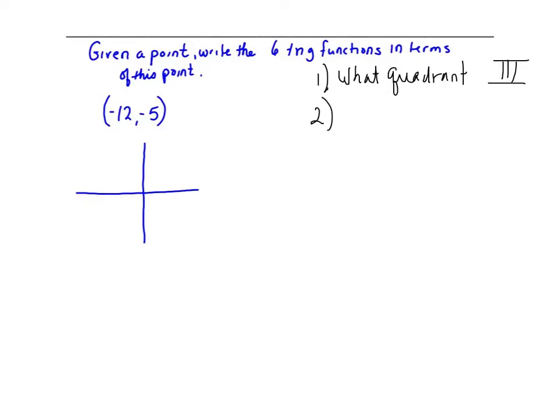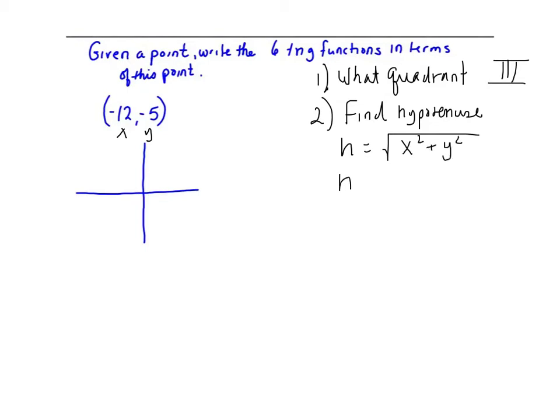Then the second thing we want to do is find the hypotenuse of the triangle. And in a unit circle, that would be the radius. So for instance, this is the x-coordinate, this is the y-coordinate. To find the hypotenuse, it's going to be the square root of x squared plus y squared.